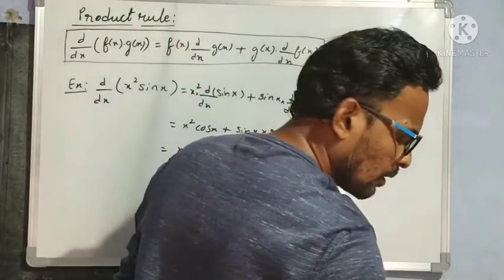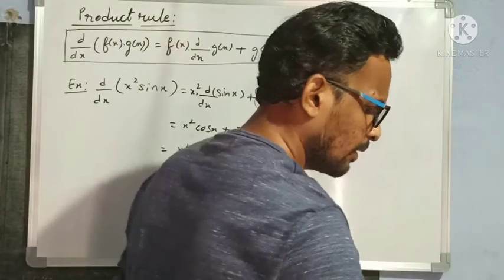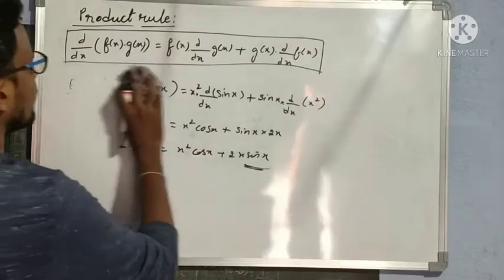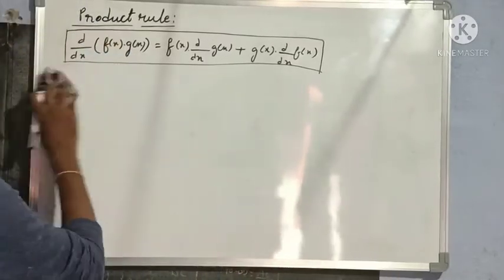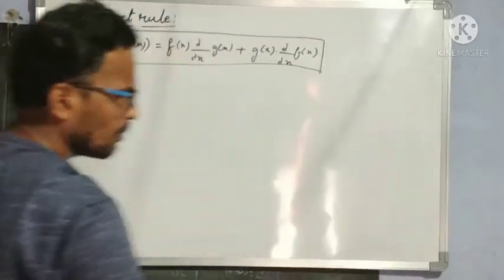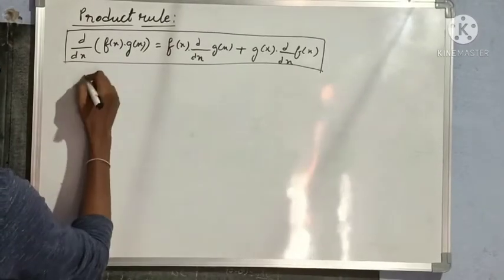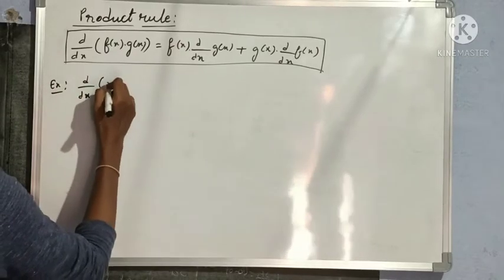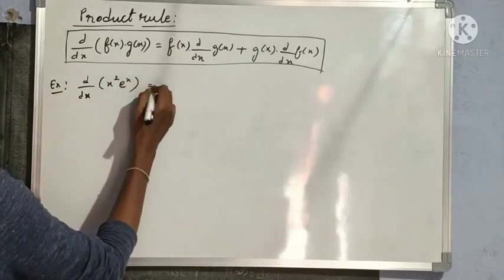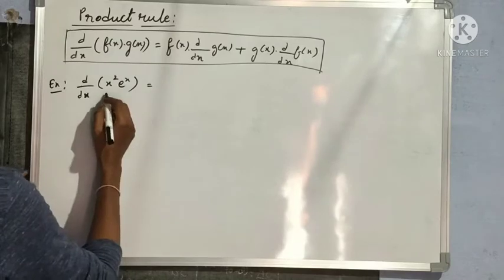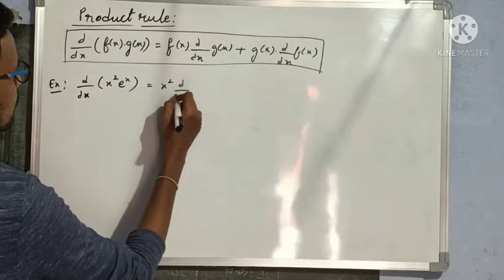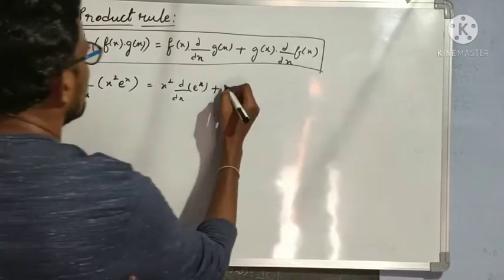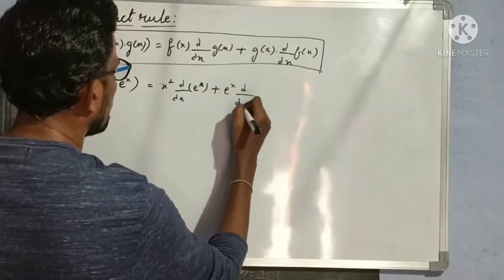So now second one, d by dx of x square e power x. This one I am erasing now. So next example, d by dx of x square e power x is equal to, now first function x square as it is and d by dx of e power x, plus second function e power x as it is and d by dx of x square.